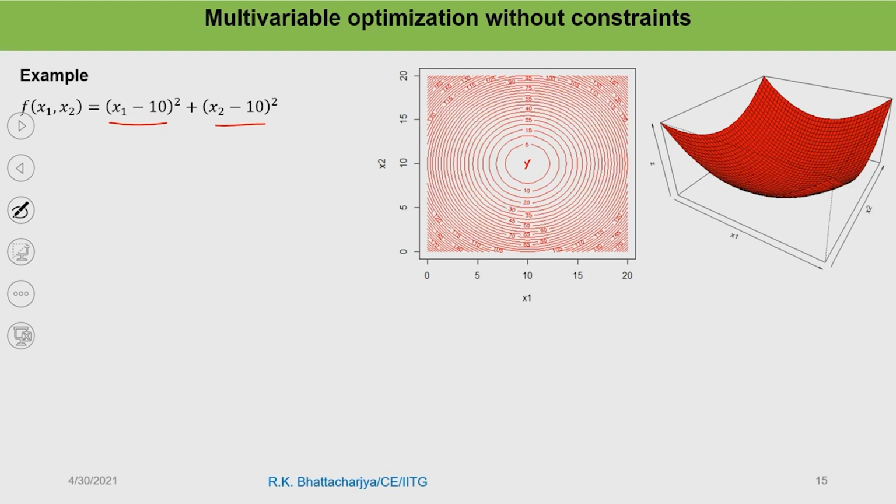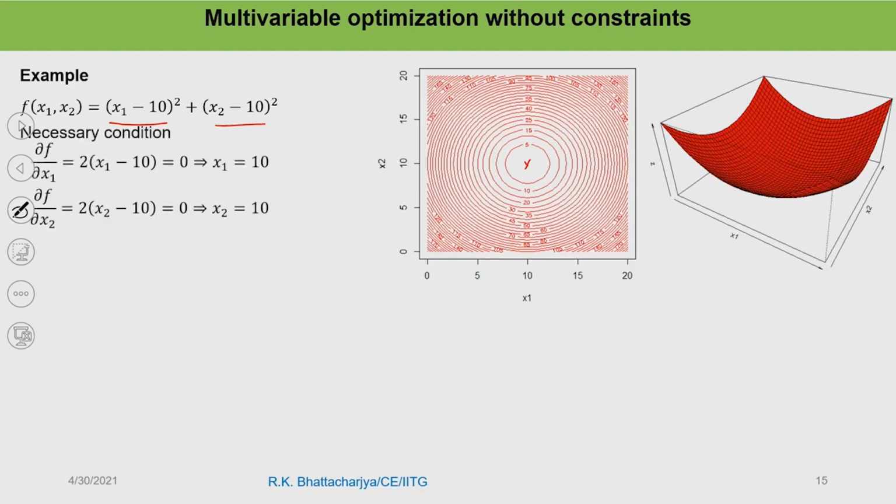So, let us apply the necessary condition. The necessary condition will give me the stationary points. The necessary conditions are del f by del x1 and del f by del x2, the partial derivatives with respect to x1 and x2, should be equal to 0.